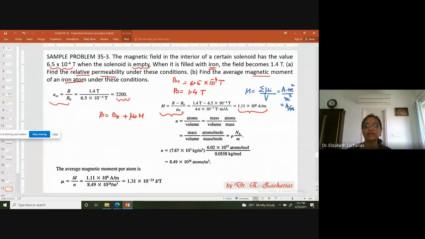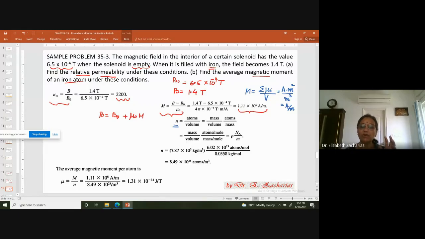Very large magnetization. Now, this is because of all the atoms in 1 meter cube of the iron block. Now, you have to find out the average magnetic moment of one single atom. So what you have to do is find out how many atoms are there in 1 meter cube of iron.